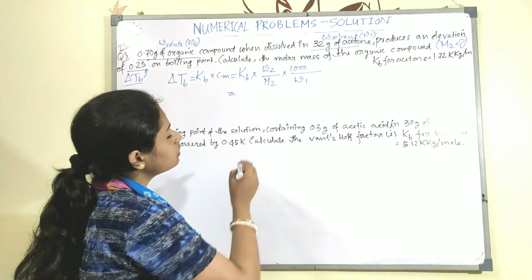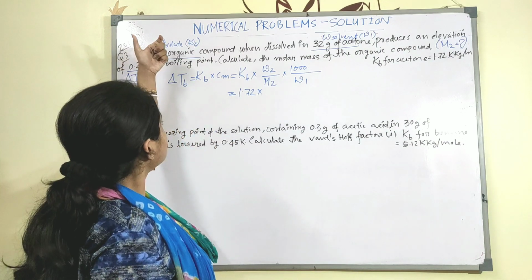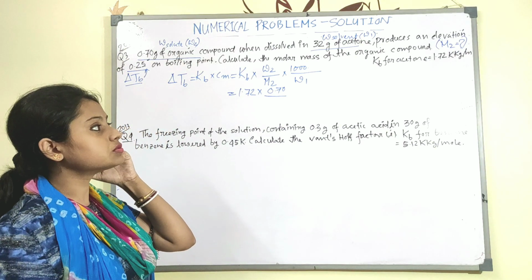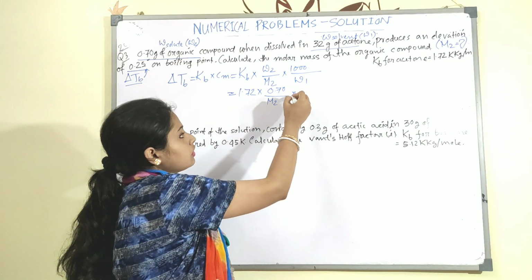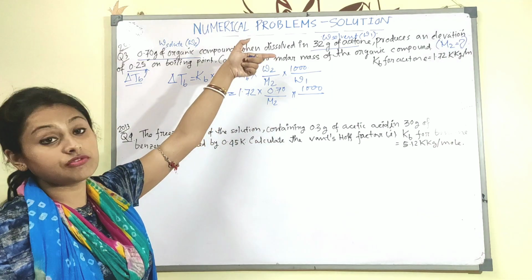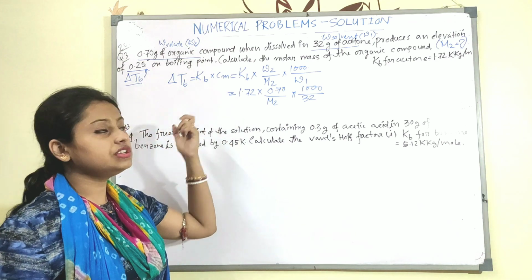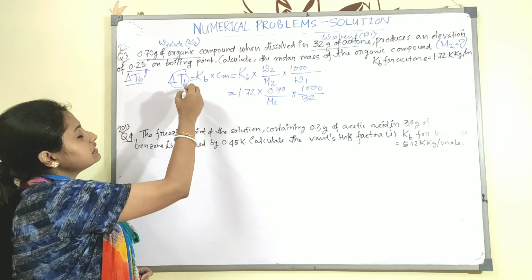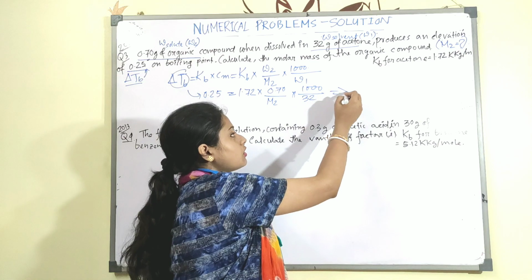Kb equal to 1.72, W2 equal to weight of solute, that is 0.70, M2 is the data which we need to know, 1000 it is given, and W1, weight of the solvent, that is acetone, is 32 gram. Now we need to solve this. The solving is extremely easy, and here the delta TB is 0.25.